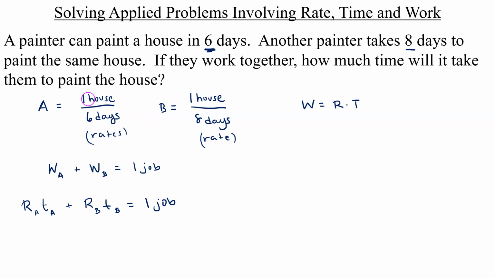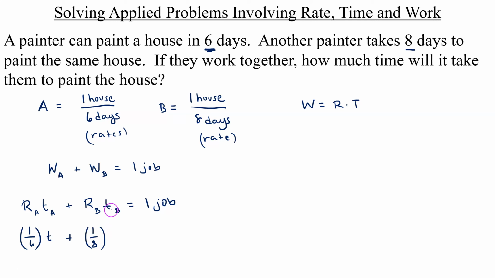Worker A's rate is one house in 6 days, so I'm going to say his rate is 1/6. And we don't know how long it's going to take him to paint the house. Yes, we know it takes him 6 days, but that's if he's working by himself. If he's working with someone else, it's going to take him less than 6 days. Worker B's rate is one house in 8 days, so 1/8. And we don't know his time either.